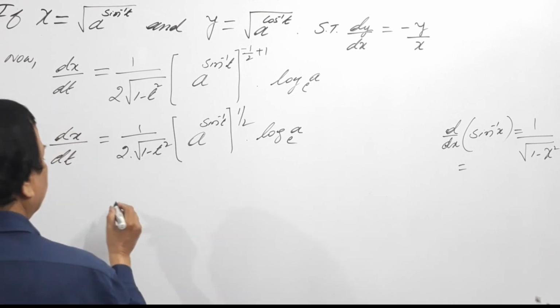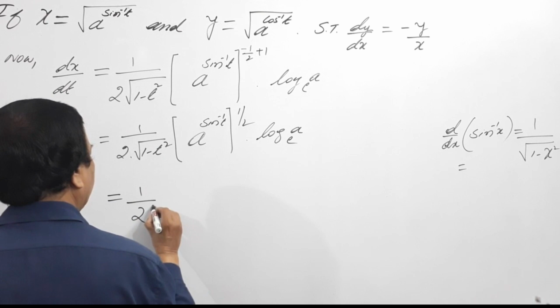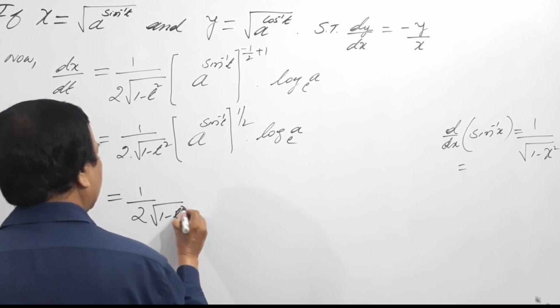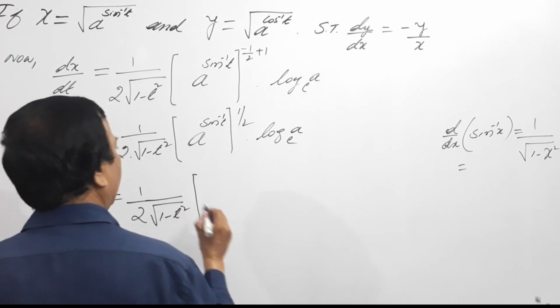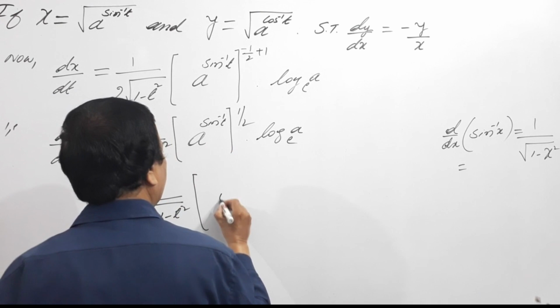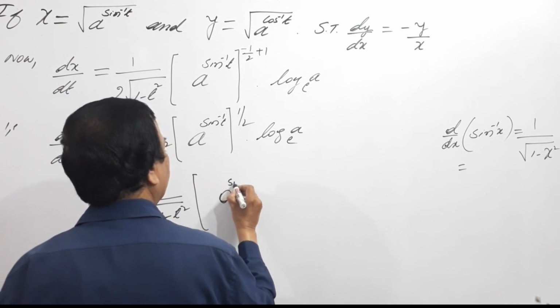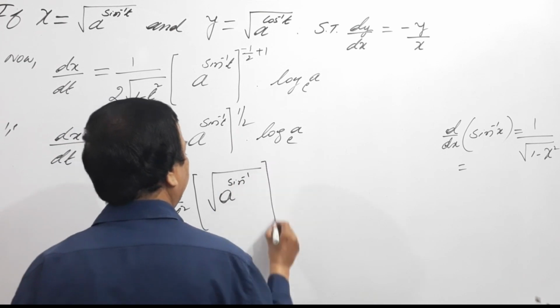So what I'll do is I'll simplify this. This is half into under the root 1 minus t square. I'll write this. What is this? This is a to the power of sin inverse t, half I'll put it as bracket.